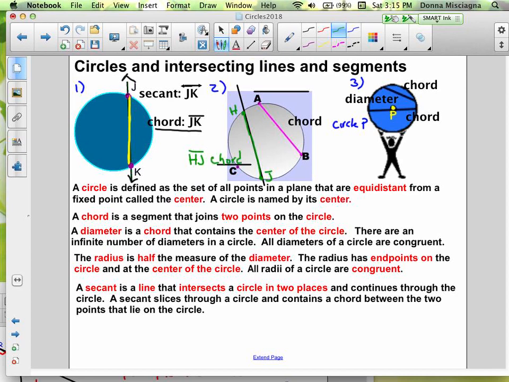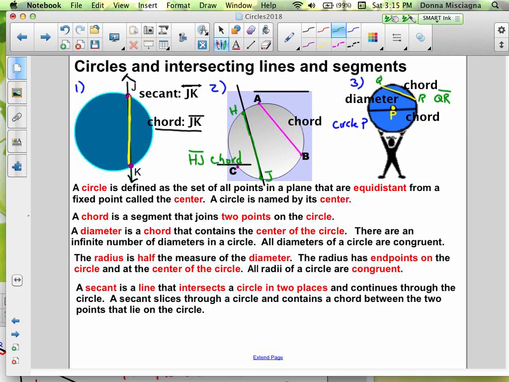Notice I used the symbol for a line segment. We also have a chord over here. Let's call those points Q and R. So that would be chord QR, and I use the line segment symbol.